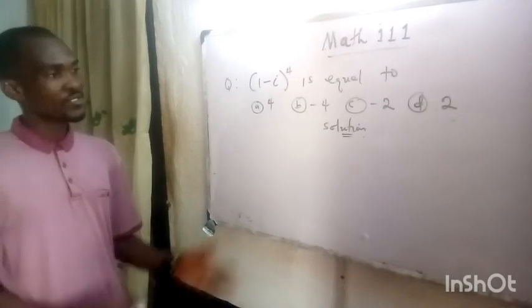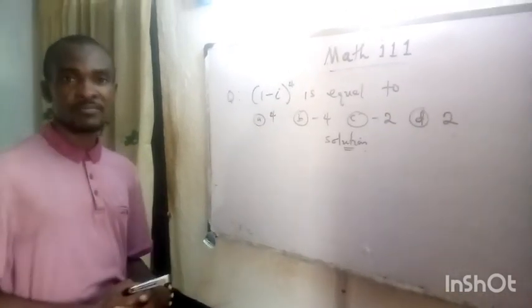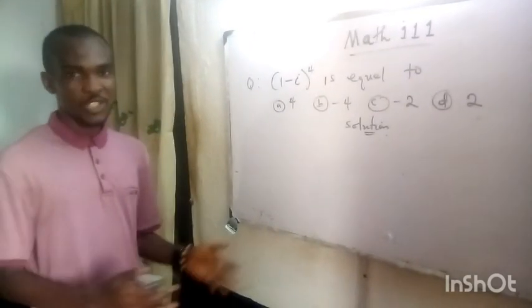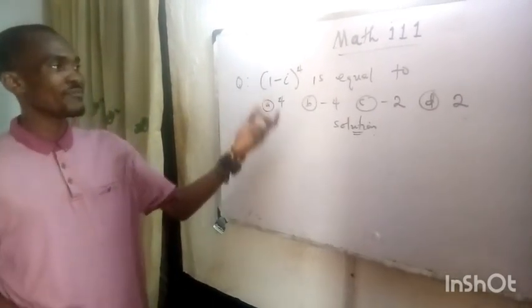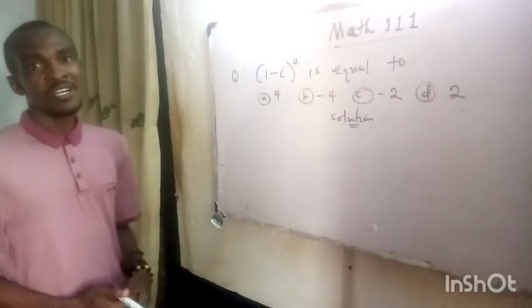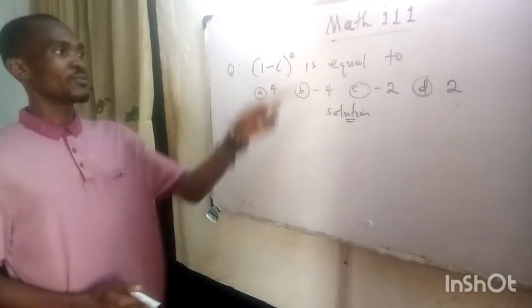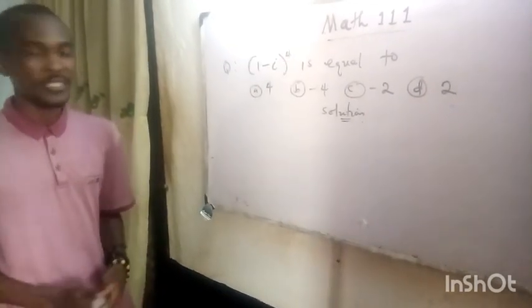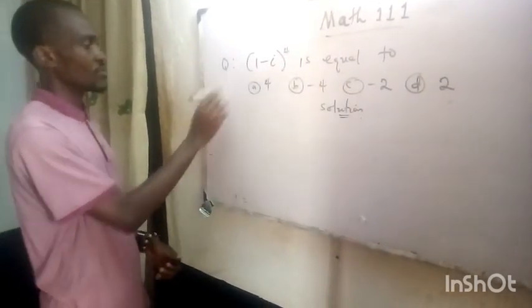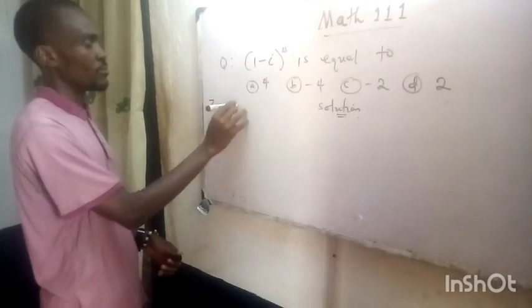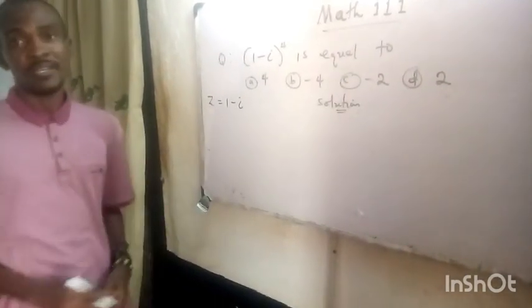So this is another complex number problem. We actually want to see how to obtain a value for this particular complex number with a power of 4. Remember, this complex number z is 1 minus i.